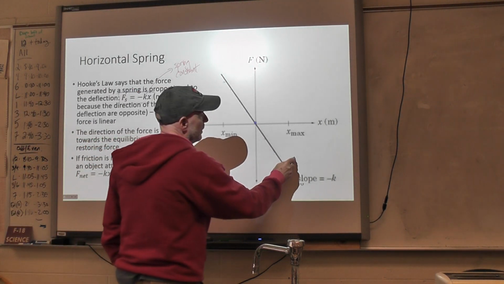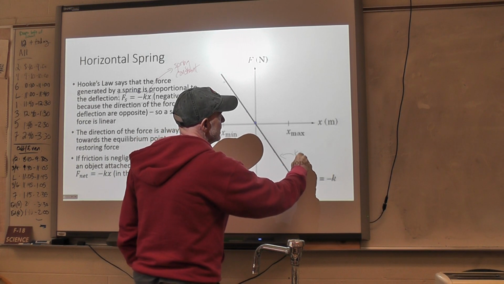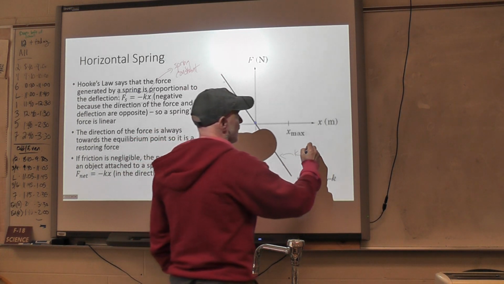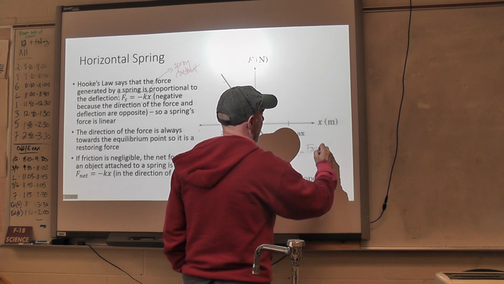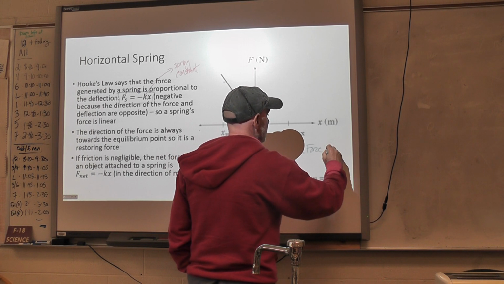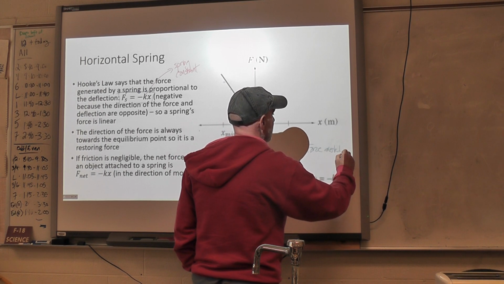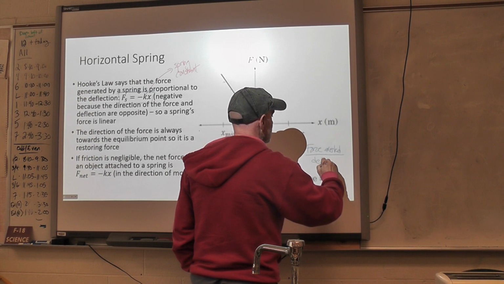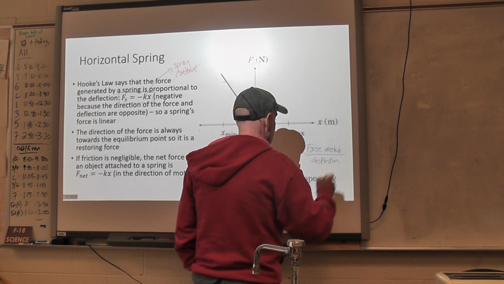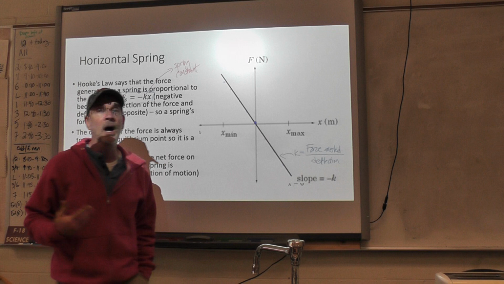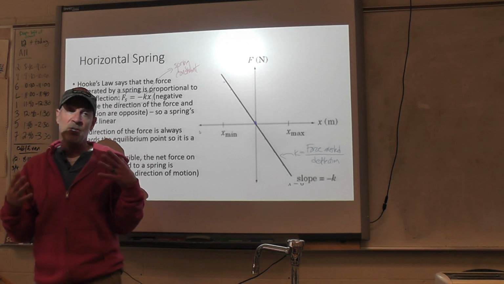This slope here is the spring constant, and its magnitude reflects the force exerted by the spring divided by the deflection. For what we call ideal springs, that's a constant. Real springs aren't ideal.